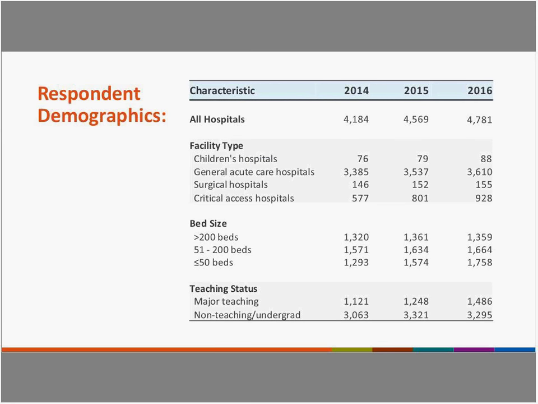This just gives you a sense of who is responding to the CDC survey. And I think the areas that I wanted to highlight here are the growth in the responses of critical access hospitals. You can see we've almost doubled the number of critical access hospitals that are reporting information into the NHSN survey. So that's really encouraging, because that means we now have some pretty accurate data on what's going on in critical access hospitals.